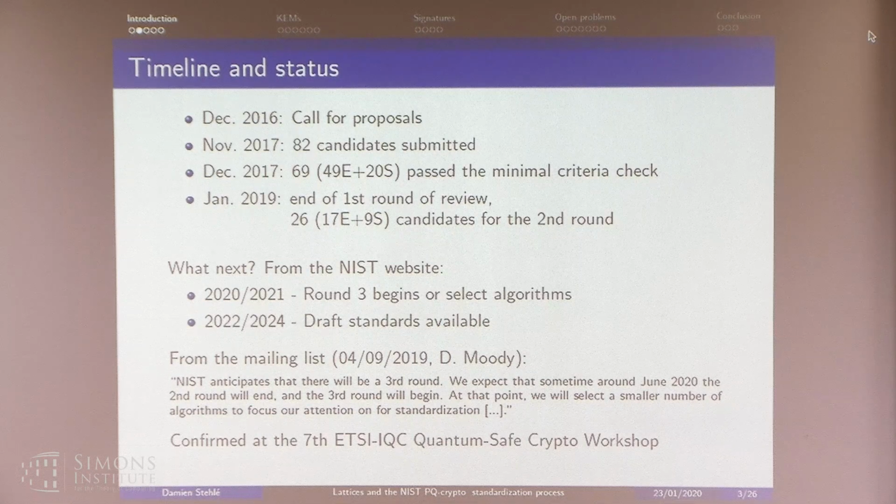Actually, I've cut it, but it's an example of how not to commit yourself in the most non-committing way. Especially the end of it, I like it a lot. But that was confirmed in a more committing fashion at a quantum safe crypto workshop organized by ETSI, the European standardization body. So apparently there will be a third round a few months later.